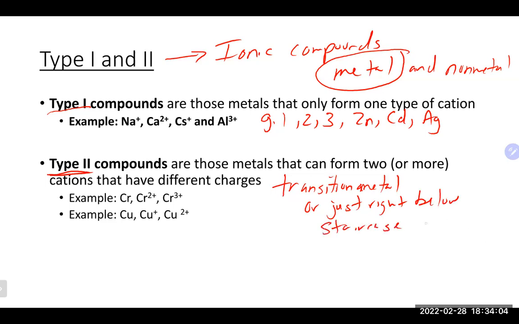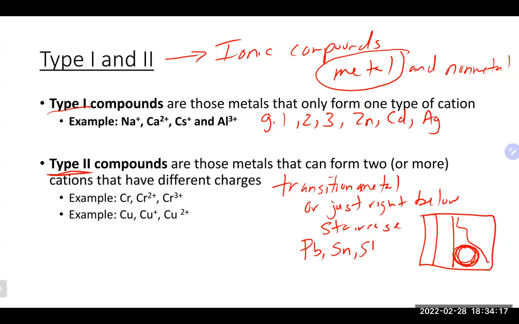And what I mean by that, if you look at the periodic table, again, our staircase comes down. That is the transition metal. There are these metals down here below the staircase, things like lead, as I wrote before, tin, antimony, bismuth. These guys technically are not transition metals, but they're just to the right on the periodic table. They behave like transition metals.